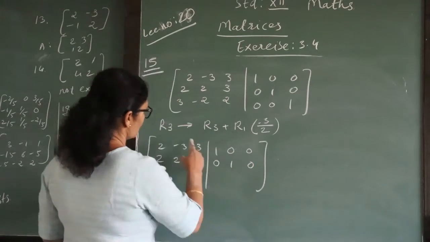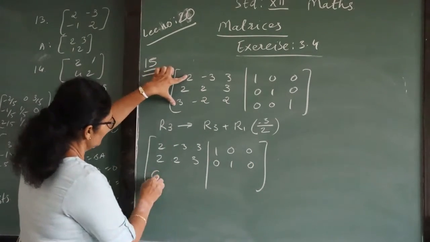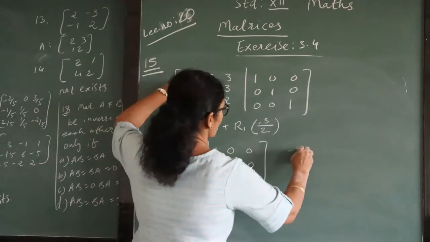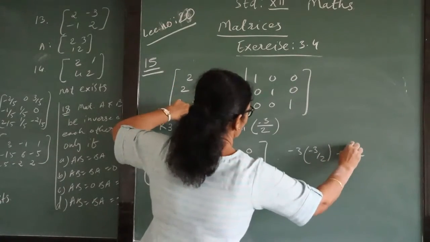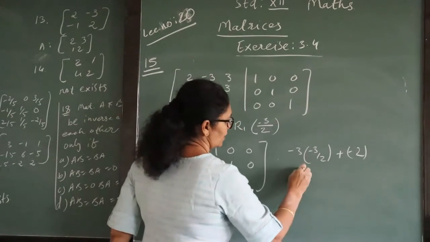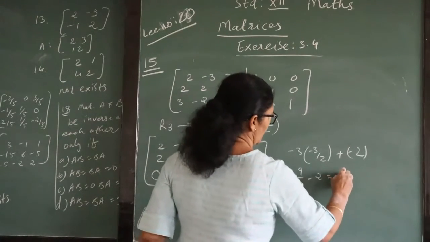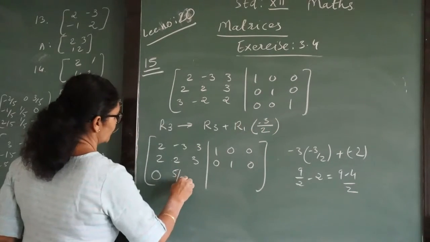Second also the same, because first we are changing the third one. Okay, this became 0 because we have calculated it. Now minus 3 into minus 3 by 2 plus minus 2. Let's do it. 3 3s are 9 by 2 minus 2. What is it? 2 2s are 4. 9 minus 4 by 2 will be 5 by 2.